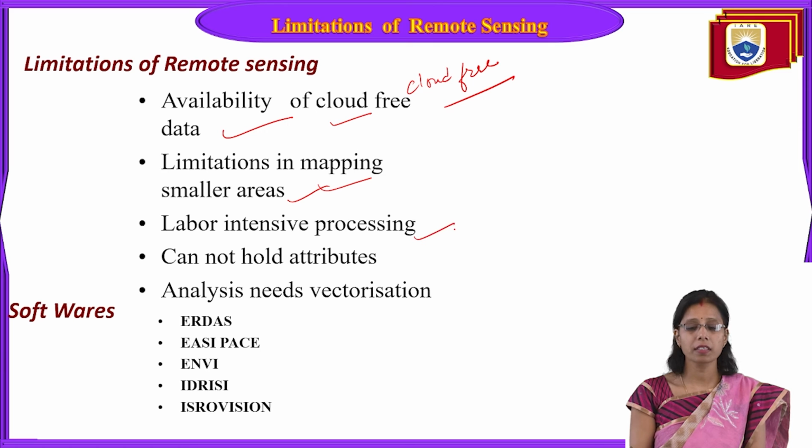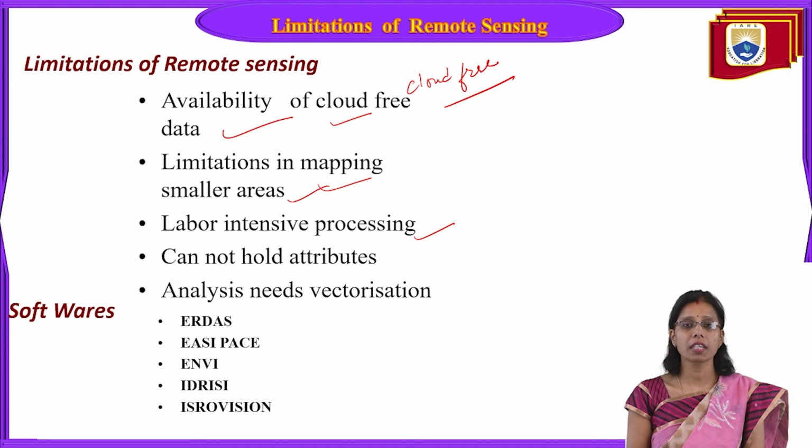It's labor intensive processing. Technical persons are required, and it takes lots of time to process the image, and only after processing of the image are we able to access the data. So processing time will be more, and a technical, skilled person is also required for this process. It also cannot hold attributes.